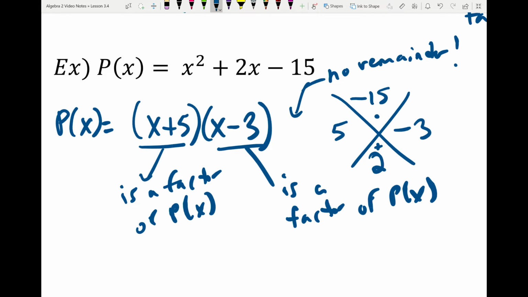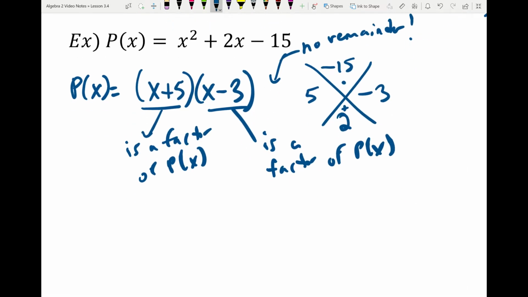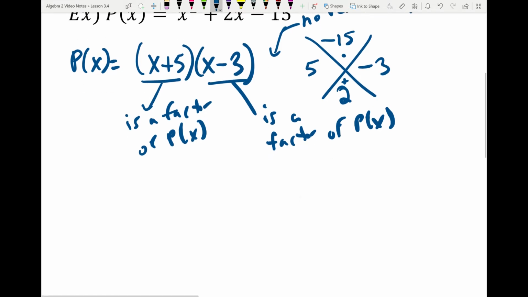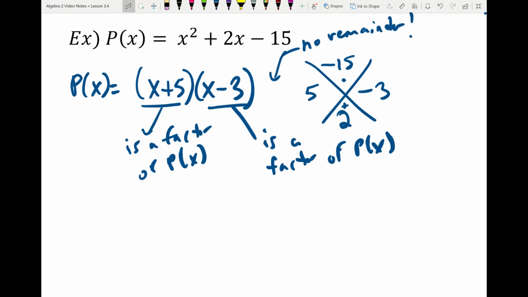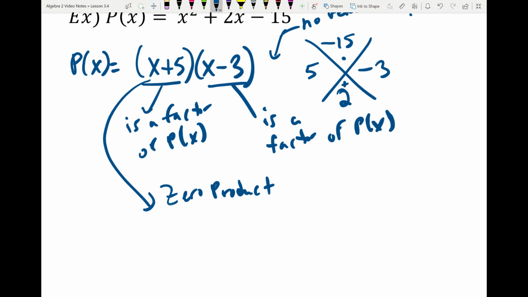They go in perfectly. So now, what happens if we plug in these two numbers that we found here? So now let's go ahead and see what makes this equal to 0. So what makes x plus 5 equal to 0? So remember the 0 product property? Just a quick review of the 0 product property.